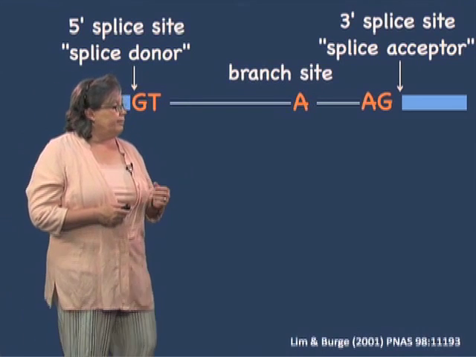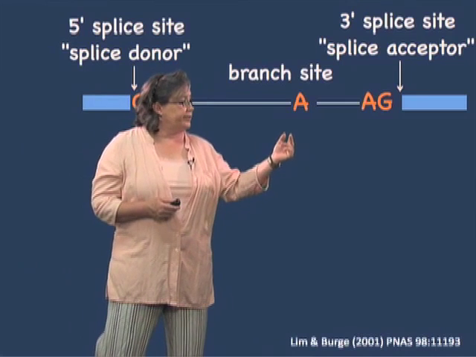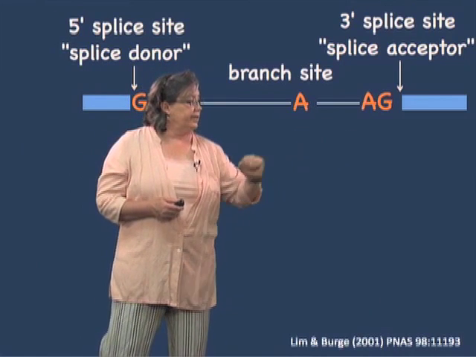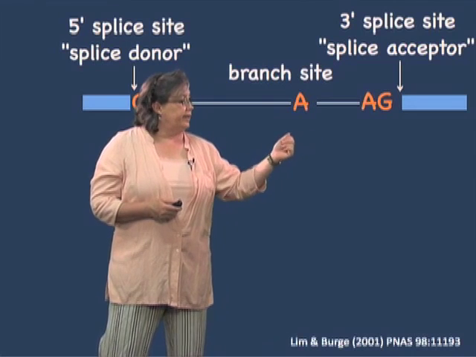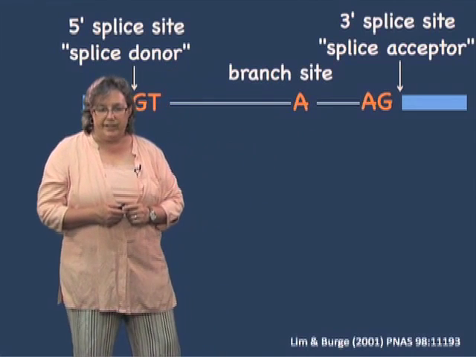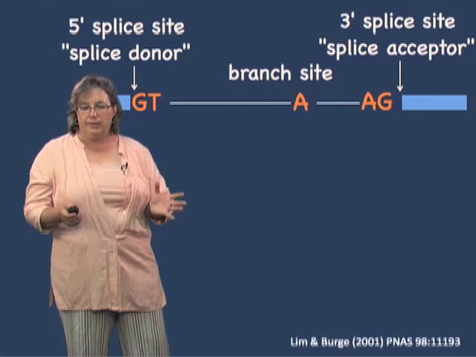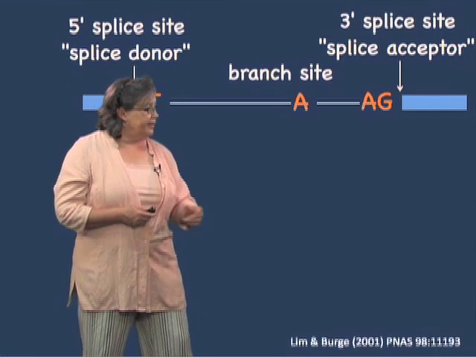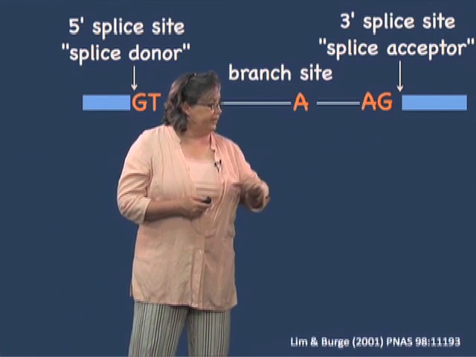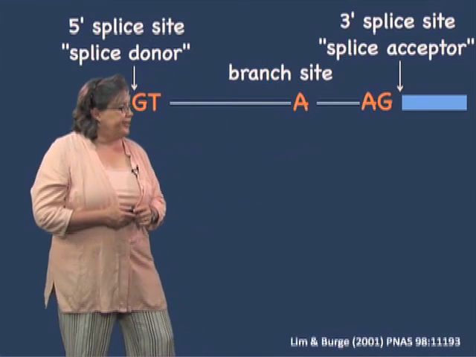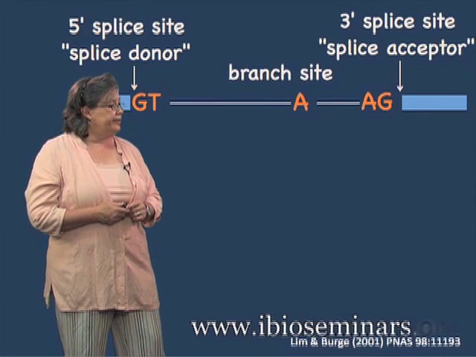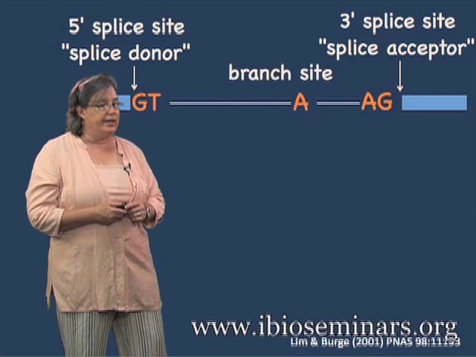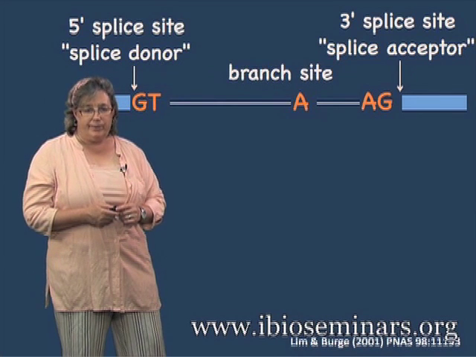Much further downstream, close to the other end of the intron, is an adenosine called the branch site. We'll be talking about what that branch site does in part 2 of my lecture. And then at the very end of the intron is the AG, the last two nucleotides of the intron, at the 3' splice site, or the splice acceptor.